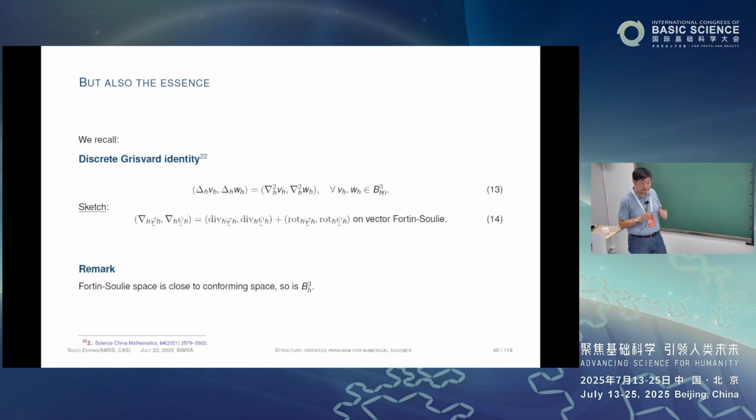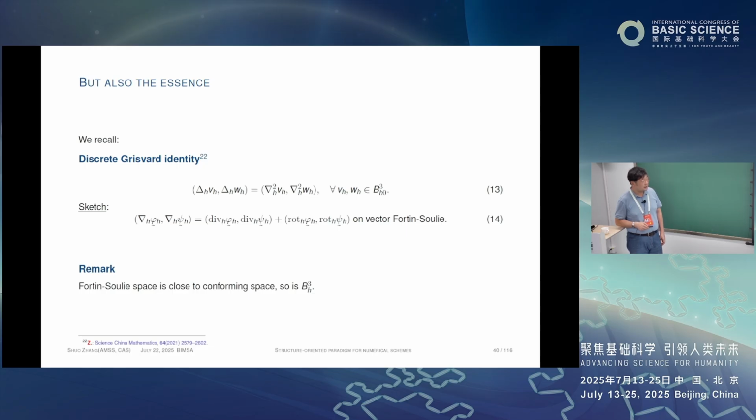This identity is always true for conforming functions, for the functions in H1, but it is not true for general non-conforming finite element functions. Okay, but it holds for Fortin-Soulie. That is to say, in some sense, these Fortin-Soulie finite element functions are not far from conforming spaces. This explains why B3 can have this property.